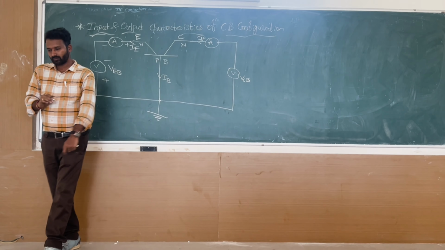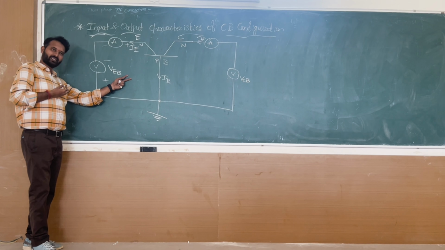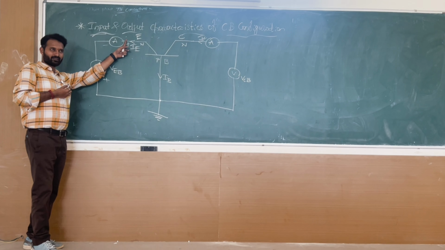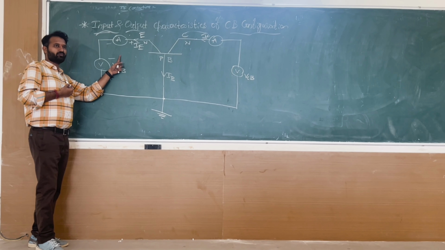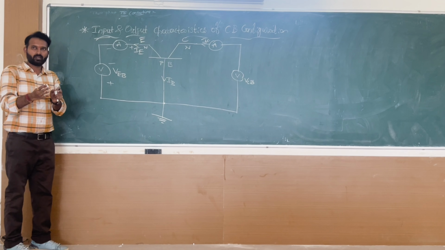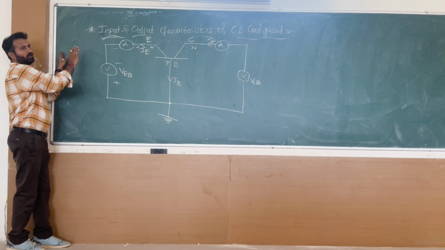Understandable up to this? So we are doing this experiment practically. That's why we are studying input and output characteristics. So we are connecting an ammeter and a voltmeter at the input side. Whatever is available at the left side in the diagram, that is your input.